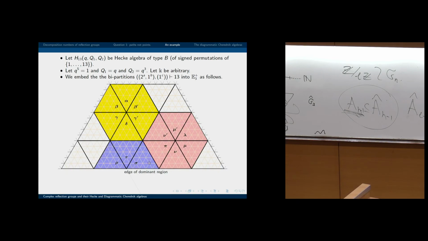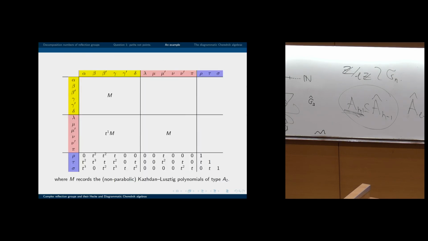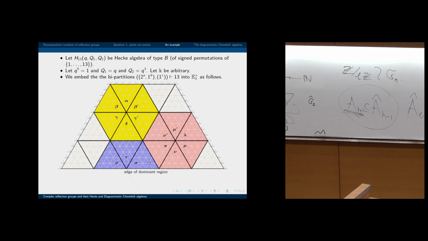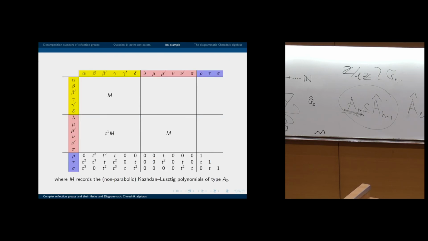Similarly here. Or if you like, just tilting multiplicities for SL3. Tilting multiplicities for SL3, something different, tilting multiplicities for SL3 again. And because I can reflect this whole hexagon to that whole hexagon, I encounter t to the 1 times tilting multiplicities for SL3, and then a whole bunch of other stuff which I can also calculate using these generic homomorphisms.